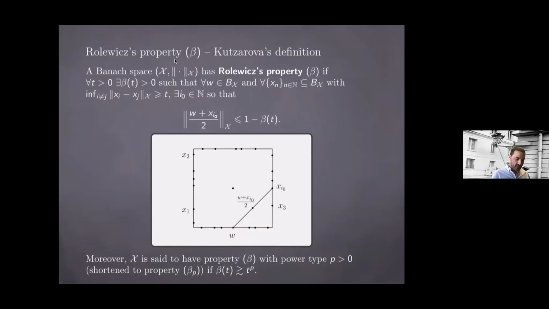So it has to escape to the other dimensions. And when you escape to the other dimensions, then of course you have midpoints that are way inside the sphere. And we say that a Banach space has property beta with power type p if the modulus of beta is at least t to the power p up to some constant.